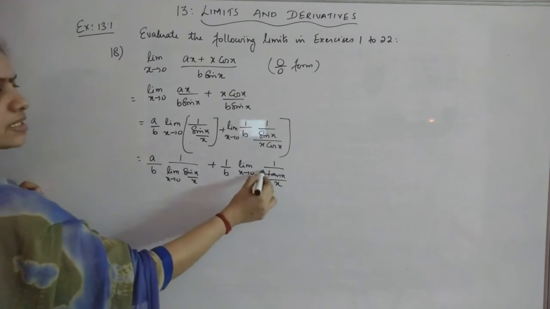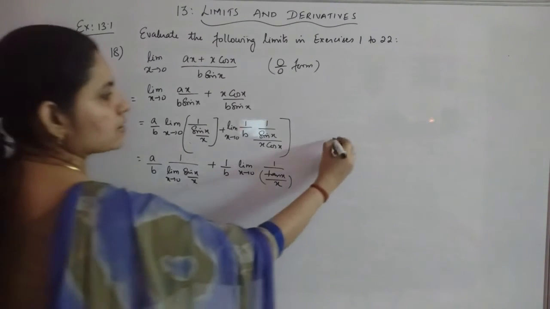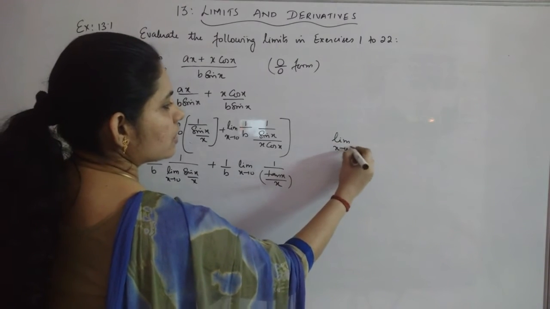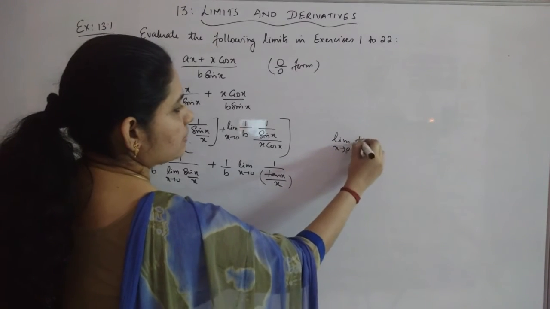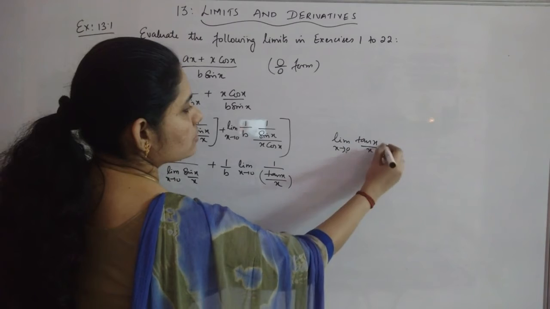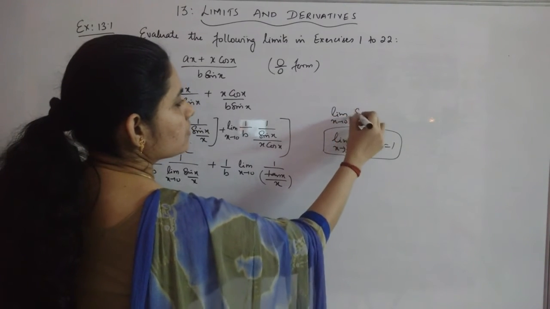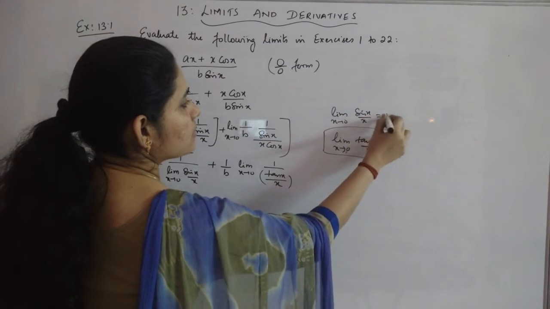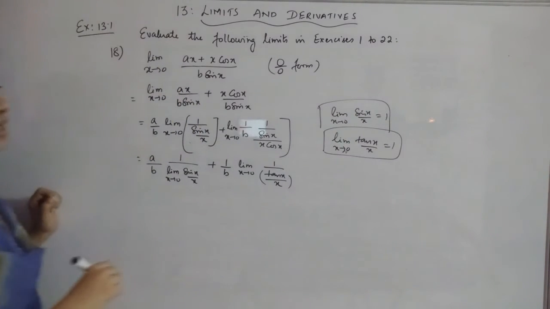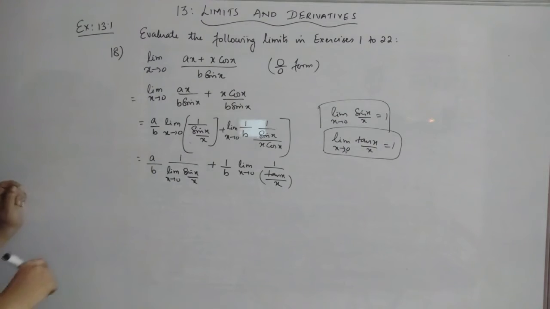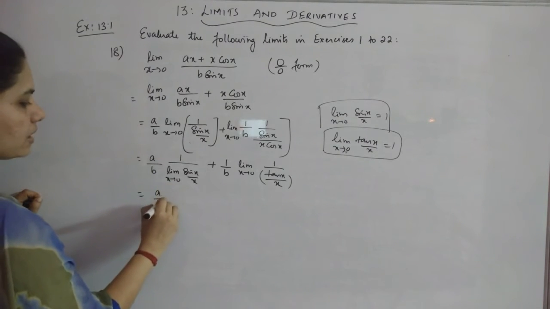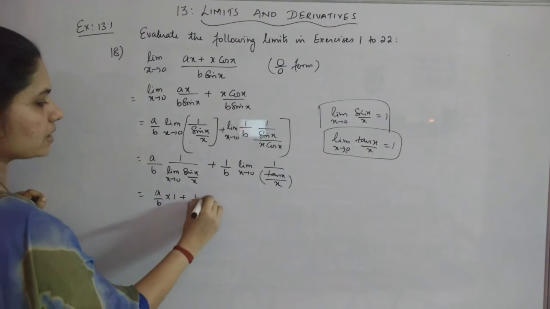Or else you can just do it like this, so that you know that the limit as x tends to 0 of tan x by x is also 1, right? So we are applying two limits here: the limit as x tends to 0 of sin x by x is 1, and the limit as x tends to 0 of tan x by x is equal to 1. So here you will get a by b into 1 plus 1 by b into 1.